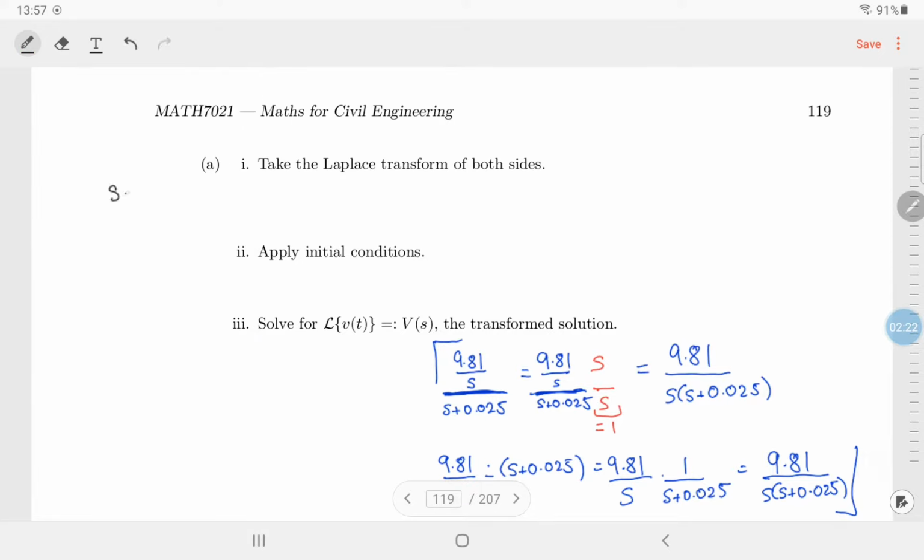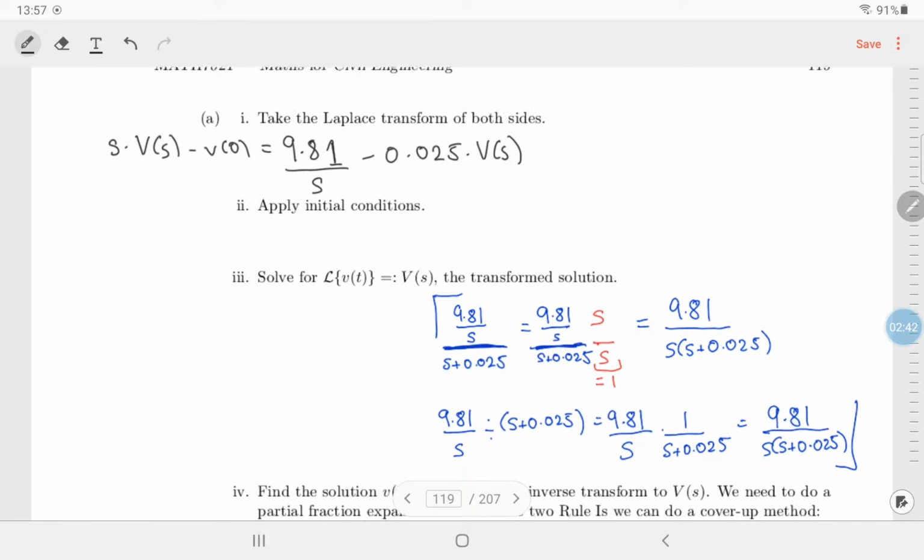So s times big V of s minus little v of 0 is equal to 9.81, a constant, which is sent to 9.81 over s, and then minus 0.025 times little v of t is sent to big V of s.